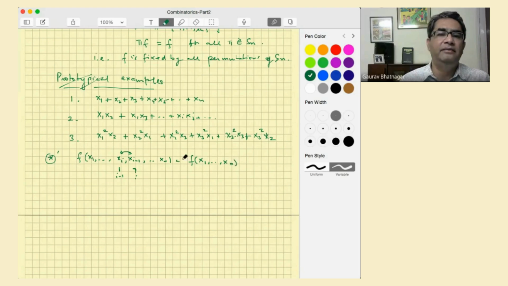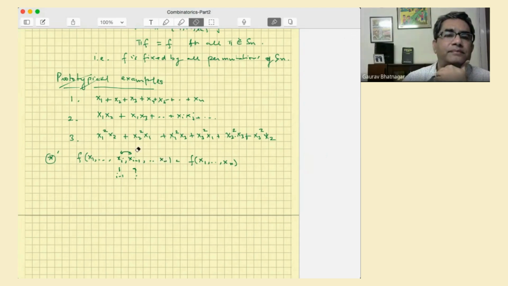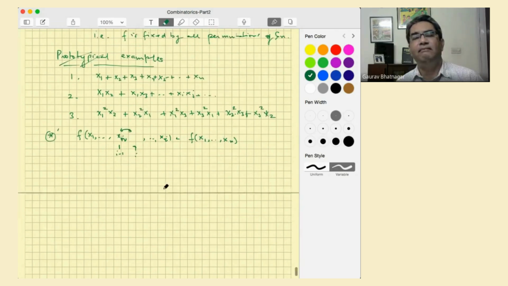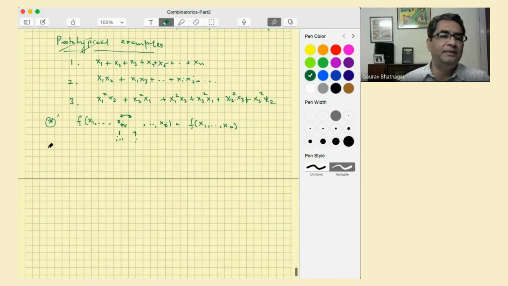Actually it might be better to switch n. I switch these two, xi, xn, and I'll still get the same thing. And another way to look at it is that you switch any two.